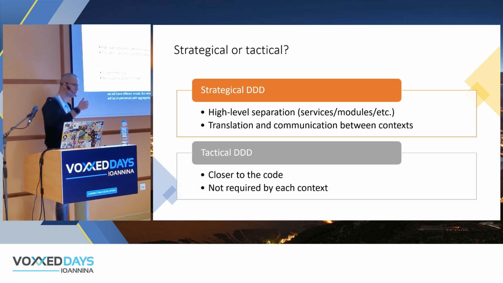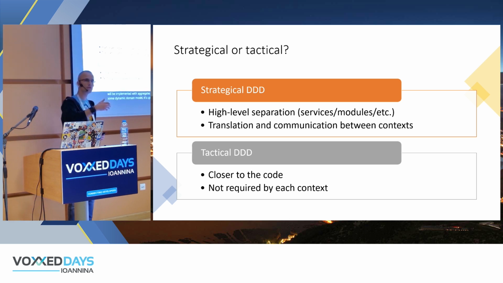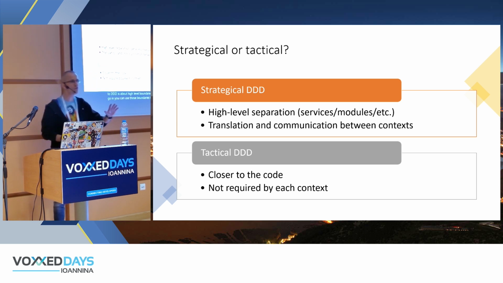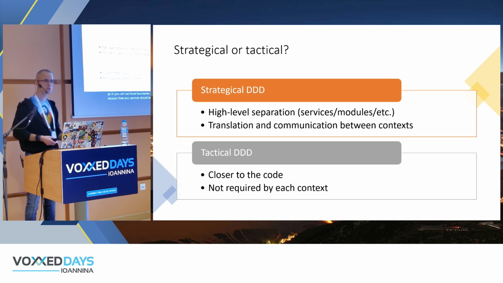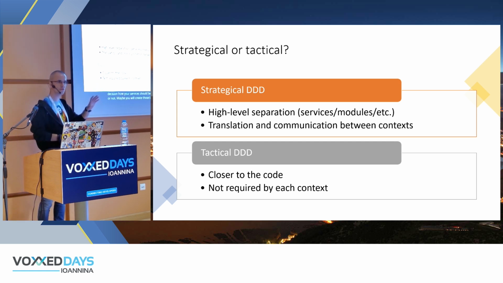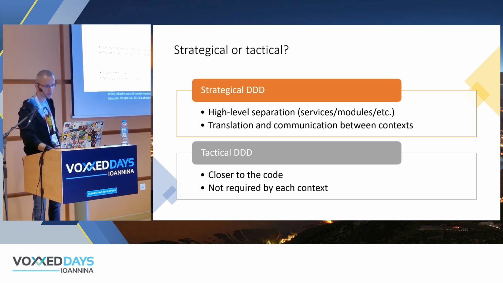Then you can use those boundaries to make a decision how your services should be shaped, maybe or not. Maybe you will create those boundaries only in the code. It's still fine. Tactical DDD is about the code. It's about the data model. So I may pick one specific bounded context, and in one I can use aggregates. I will explore that subject in a moment.